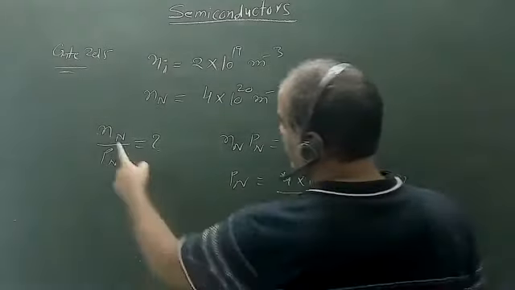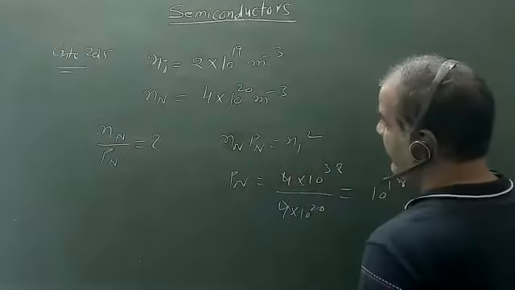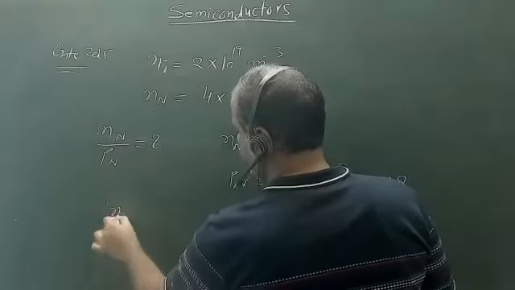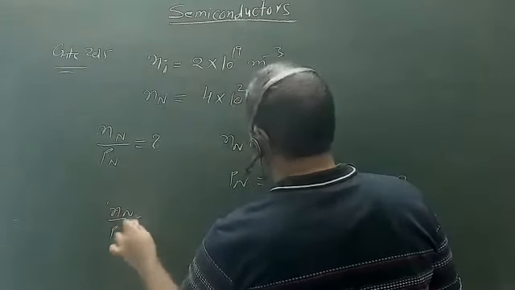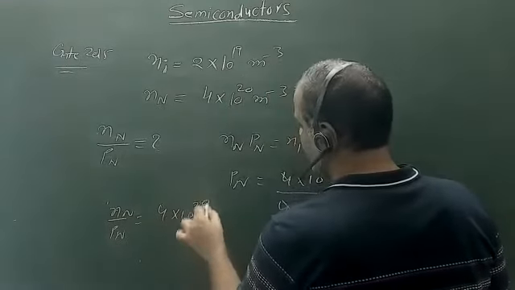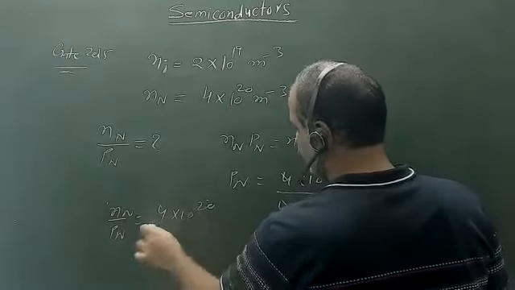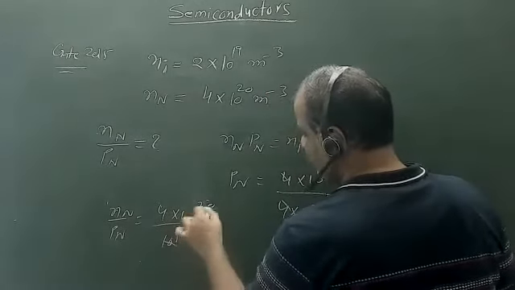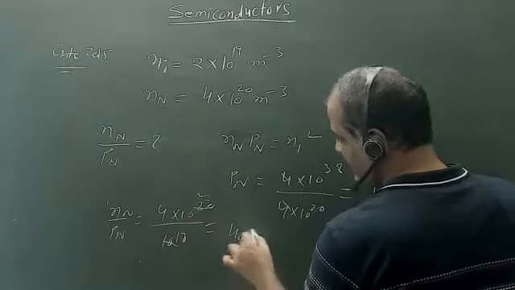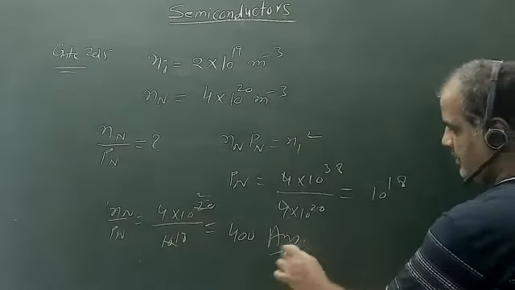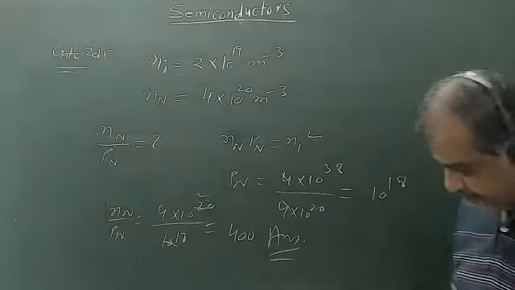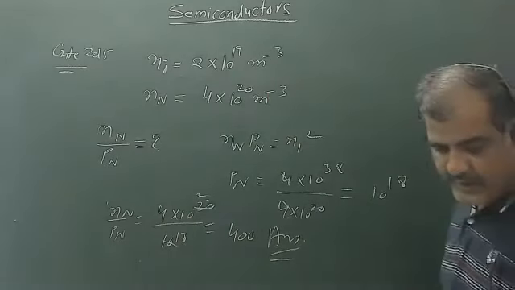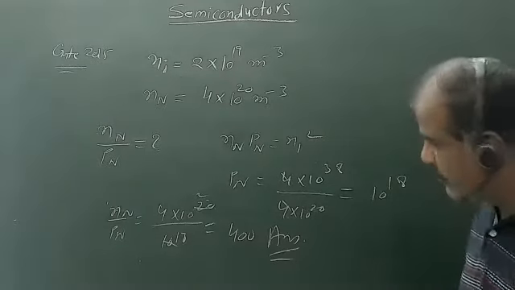Now I want this nn to pn ratio. nn to pn is 4 × 10⁻20 divided by 10⁻18. So 10⁻2 बचेगा. So this becomes 400. ठीक है? Yes, sir. चलें आगे.